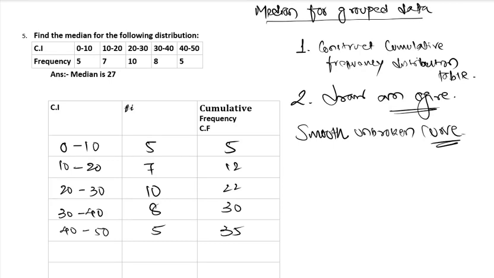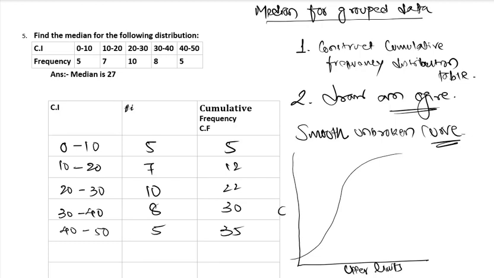It looks like this, and it is plotted on the x and y axis, where the x-axis is the upper limits and the y-axis is the cumulative frequencies. And this ogive will help us to find the median for grouped data.